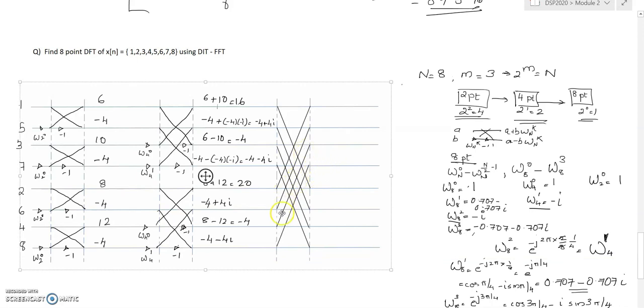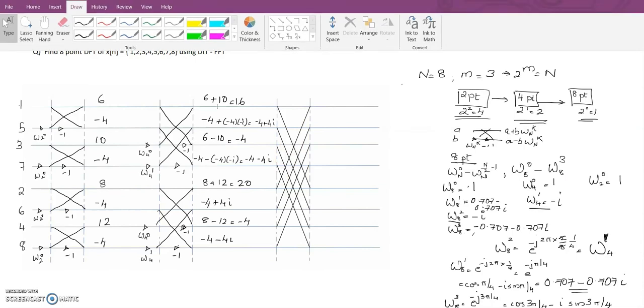So I guess you have seen the 4 butterflies here and the last one over here. Like it was mentioned over there, the 4 butterflies require the twiddle factors.